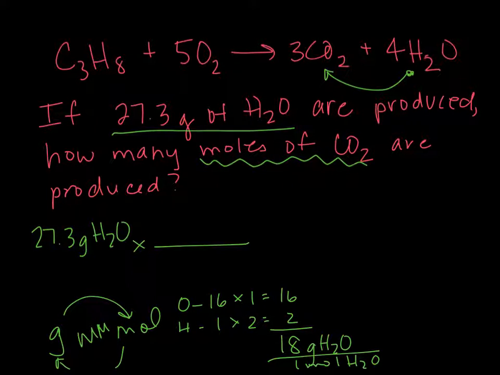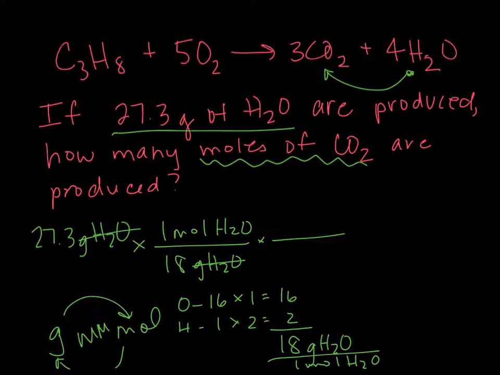All right, so I'm going to put the grams on the bottom to cancel out grams on the top. So there's 18 grams of water in 1 mole of water. All right, so next we can use the mole-to-mole ratio that we know we have to use. And so in the reaction, 4 moles of water are produced along with 3 moles of carbon dioxide.